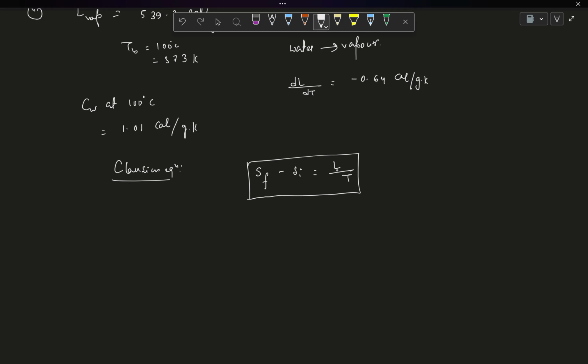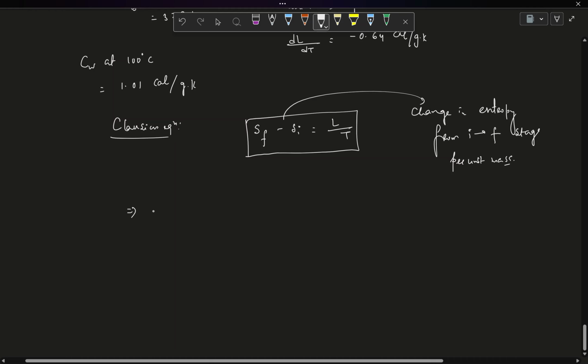Okay, so this is the change in entropy from initial stage to final stage per unit mass.